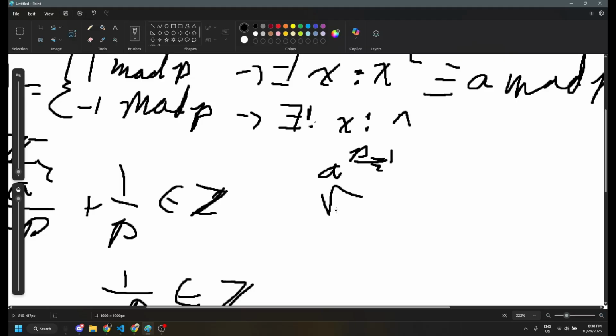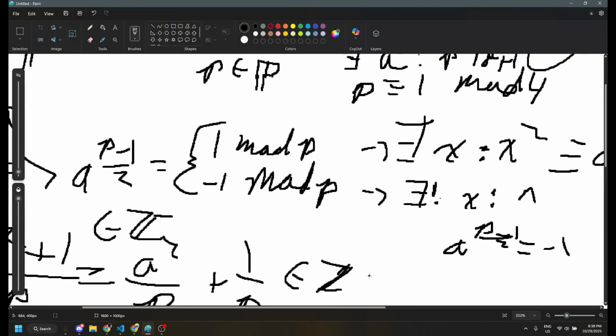So this is really the square root of A to the P minus 1. Let's say this is equal to negative 1, then how does A to the power of something... excuse me, negative 1 mod P. I am so slow.